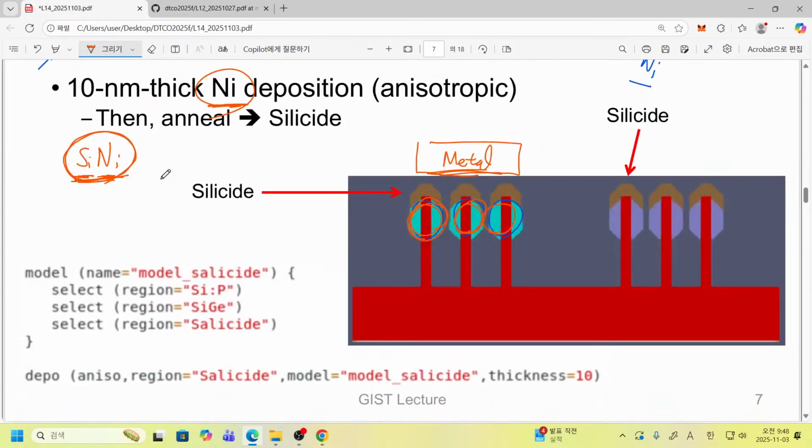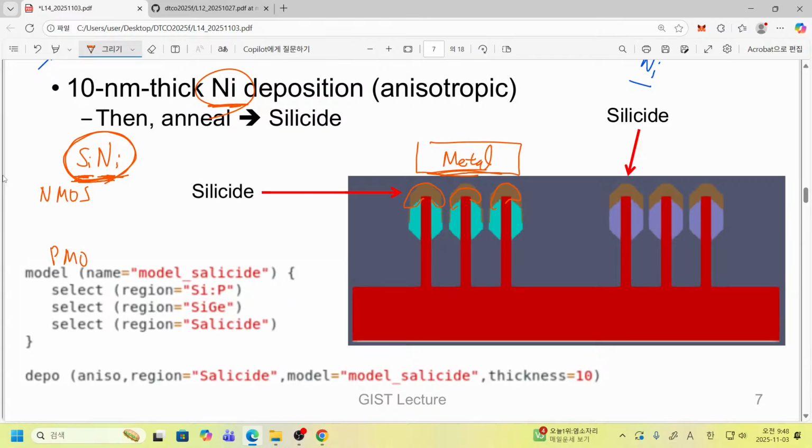So now we have silicide here, here, and here. Of course, that was for NMOSFET; how about PMOSFET?